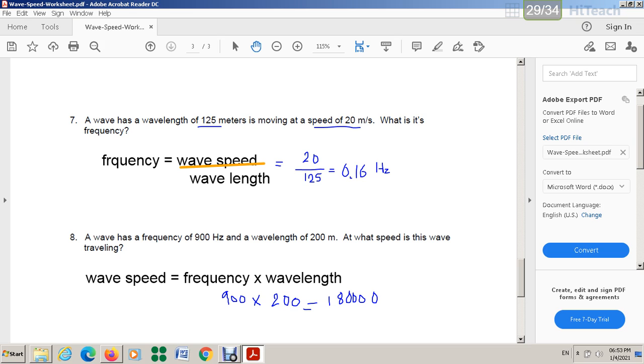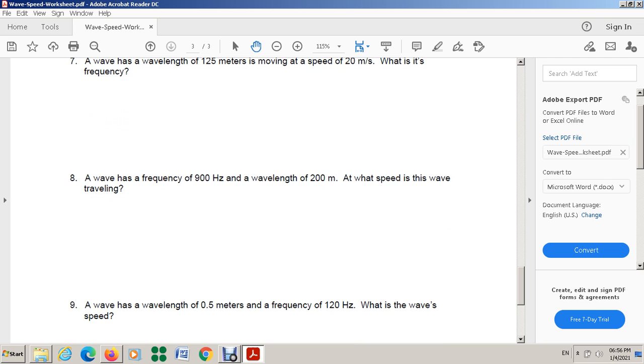What is the unit? Meter per second. Okay, so that is example 8. Let's continue. I'll give you another example.